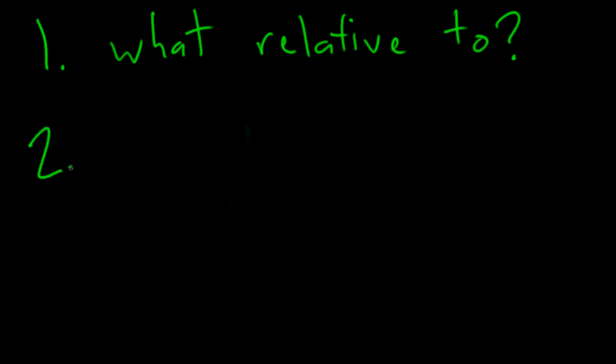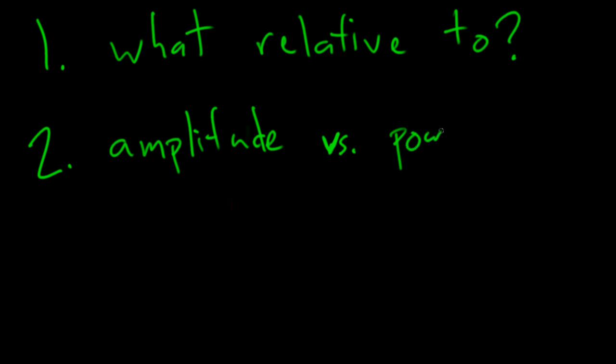The second thing that people get wrong all the time is they confuse amplitude with power. Now, amplitude and power are 2 things that we're going to talk about a bit in this course. But for now, all you really need to know is that power is the amplitude squared, or it's proportional to the amplitude squared.